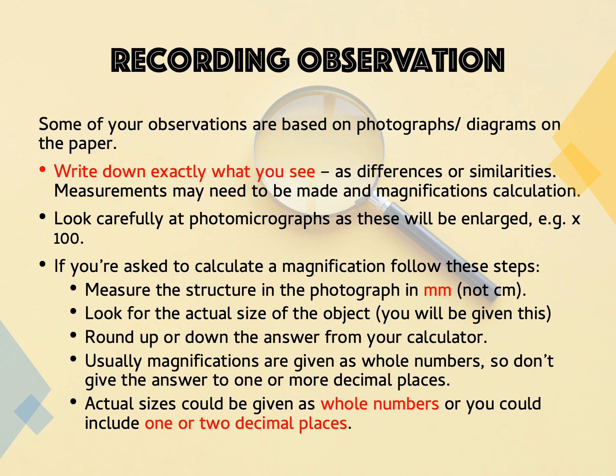Remember to round up or round down the answer from your calculator. Usually magnification is given as a whole number, so please do not give the answer to one or more decimal places. Actual sizes could be given as whole numbers, or you could include one or two decimal places.